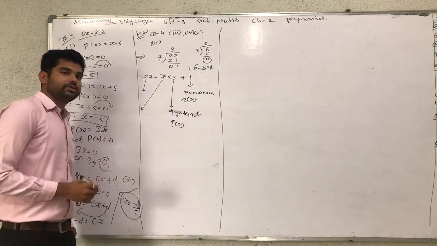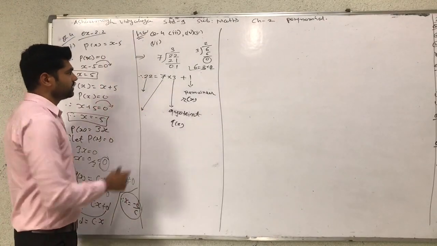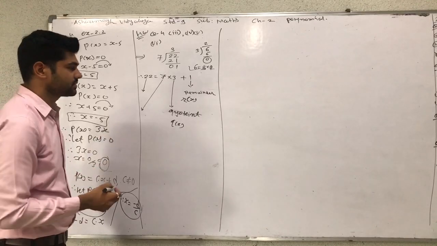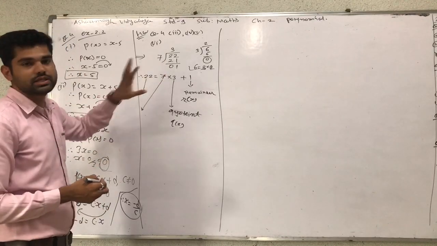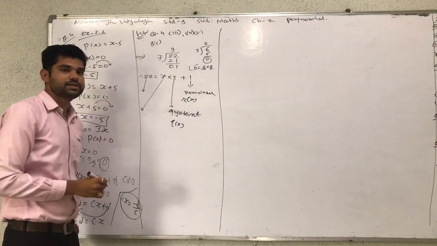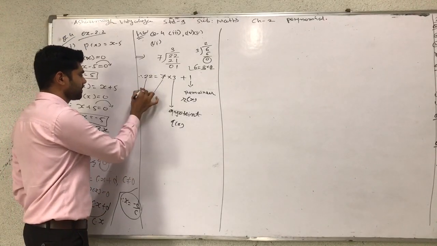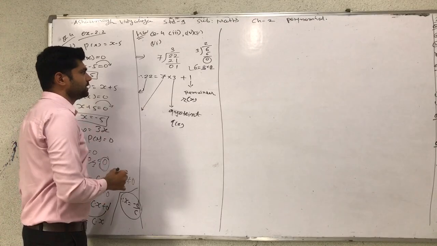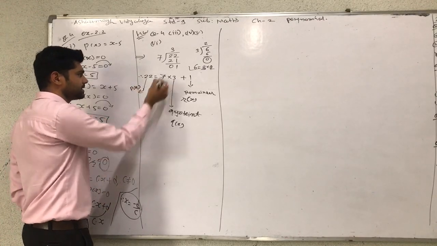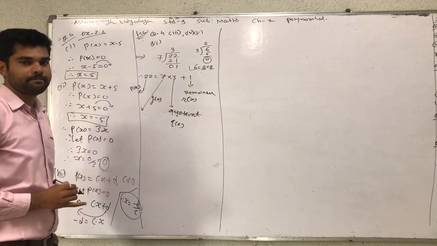Now 7 is our divisor and 22 is our dividend. So 22 is known as p of x and 7 is g of x.